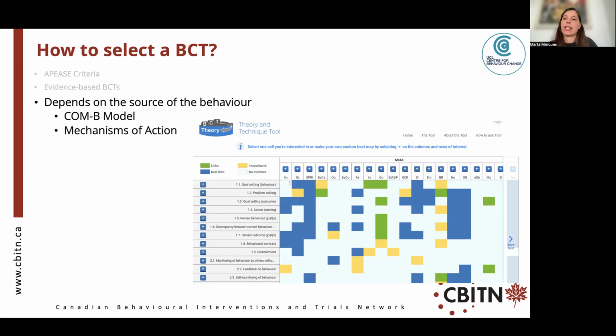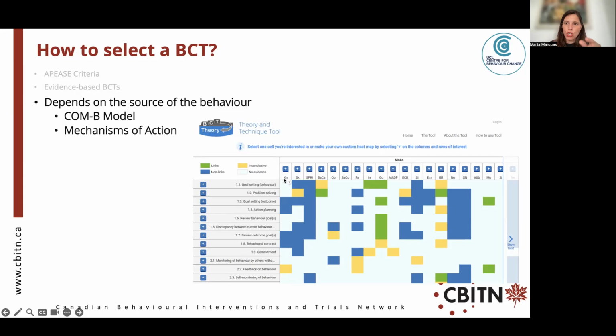In yellow is when we don't have enough confidence, so it's inconclusive. And gray is when we don't have evidence at all. So inconclusive is when we have evidence from one source but not the other, and no evidence is when we really don't have any evidence to support the links and understand the links between them. So I'll just give an example.